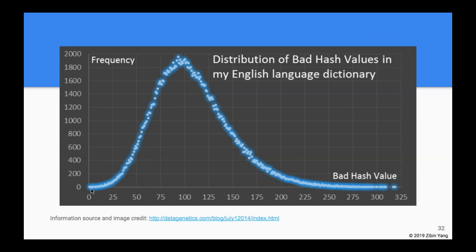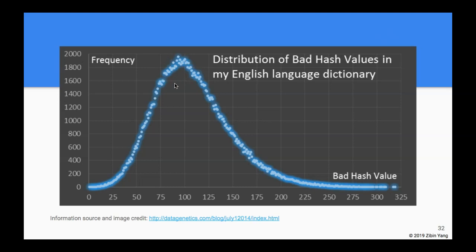The smallest one is 0 for the letter A, and then there are some very large hash values. But if you look at the frequencies, the number of occurrences of each of these hash values, you can see the number around 100 happens a lot. There are almost 2,000 of them.